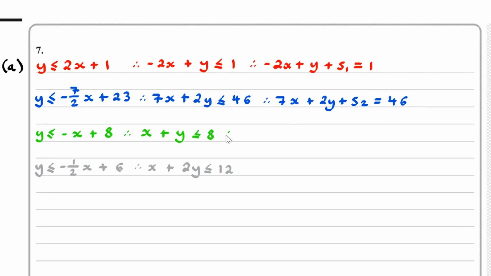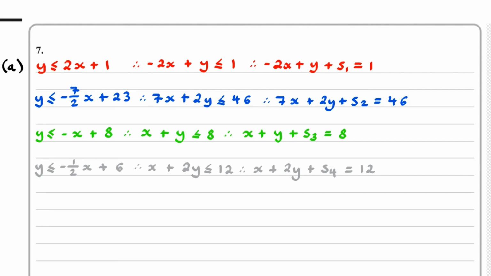For the next one, we've got x plus y plus s3 equals 8. And for this one, we've got x plus 2y plus s4 equals 12.